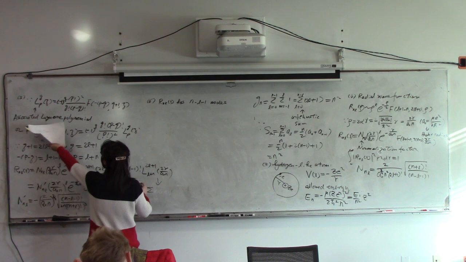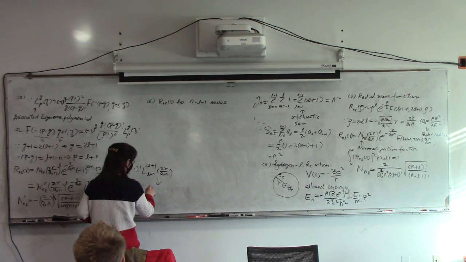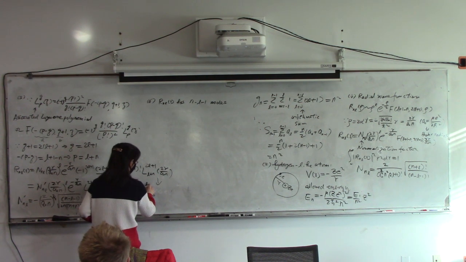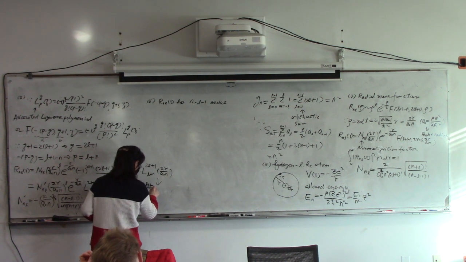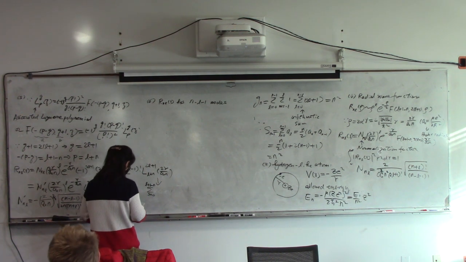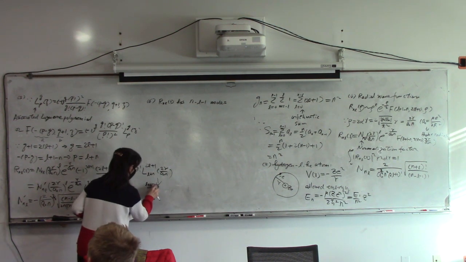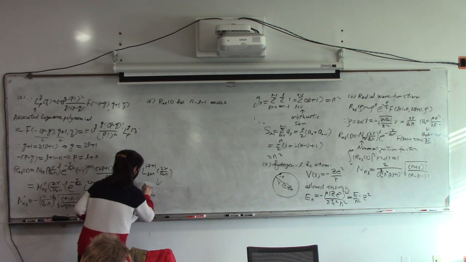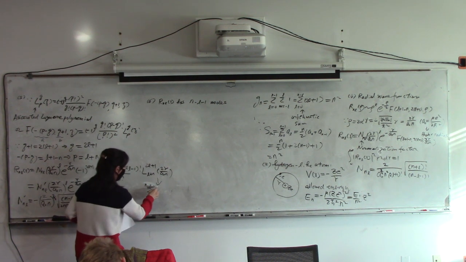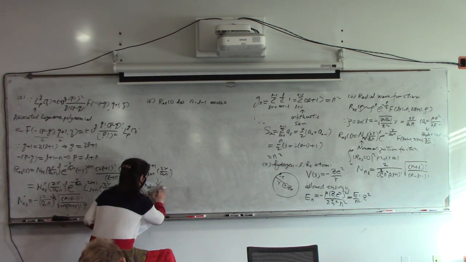If I use this confluent hypergeometric function, that is s from 0 to s max with n_r, and n_r is L plus 1 minus n, minus L minus 1. That is n_r. Remember? Okay.